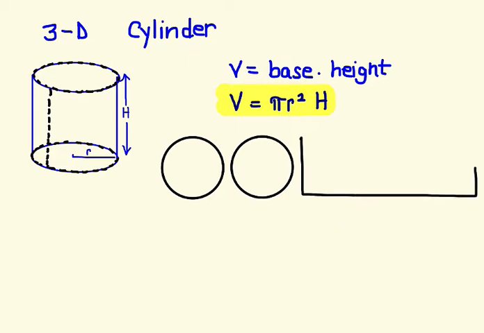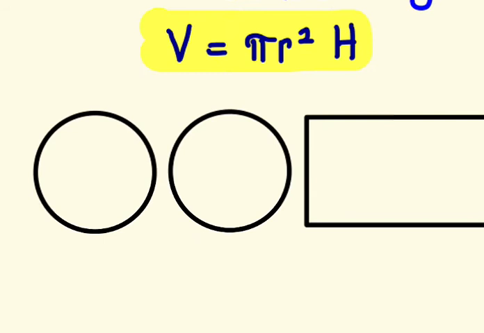And this rectangle is the sides. And we wrap that rectangle around to form the outside of the cylinder and put the top and the bottom on. Do you follow? Now, let's label some of this. I know that the circle has a radius. So both of these circles have a radius, or radii.